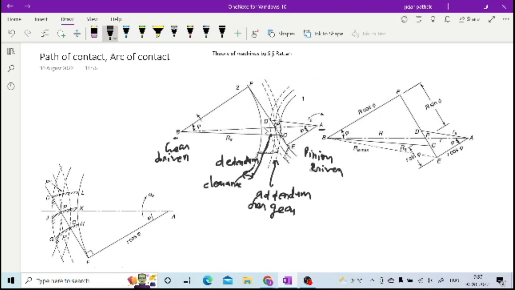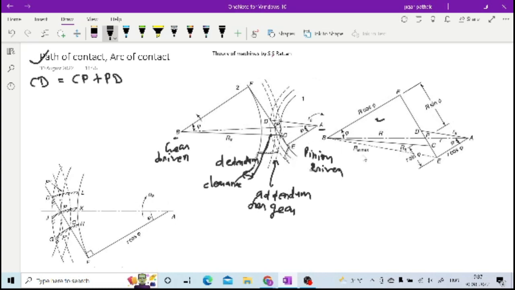If you have this idea, then your path of contact, as mentioned here, is nothing but CD, right? CD is your path of contact, which can be clearly written as CP plus PD, as you can see in this geometry. Here it is more clear.